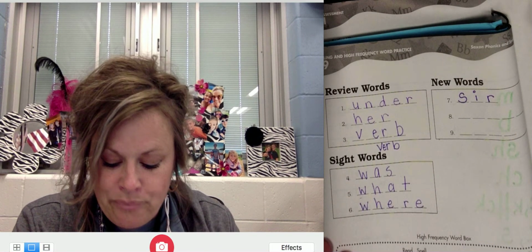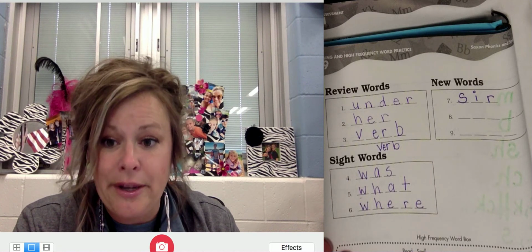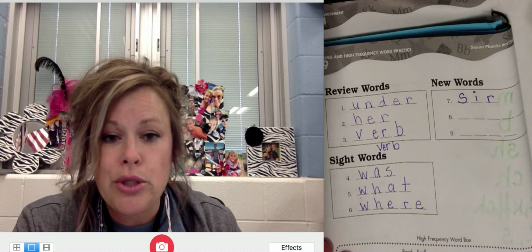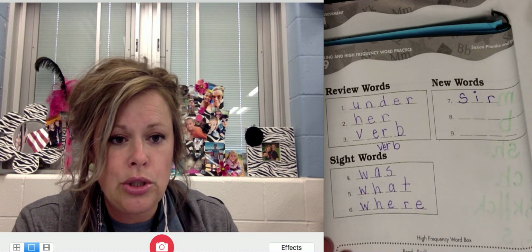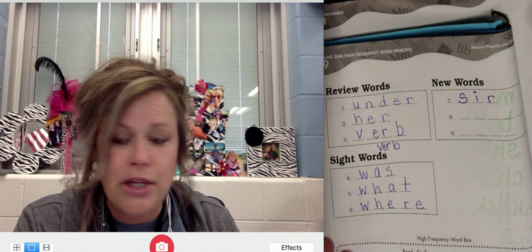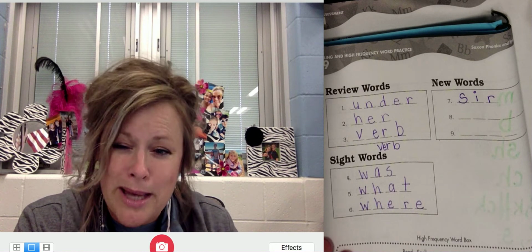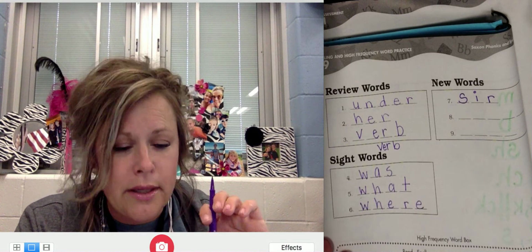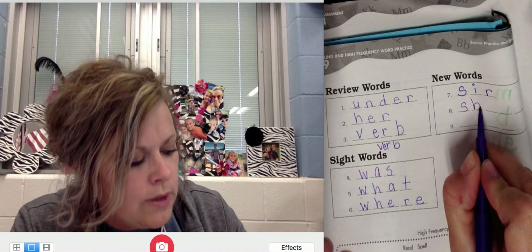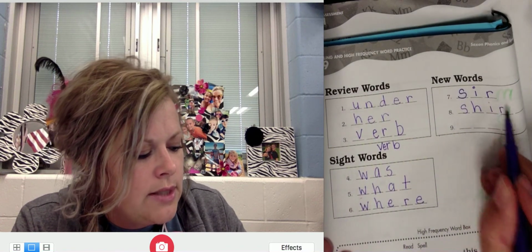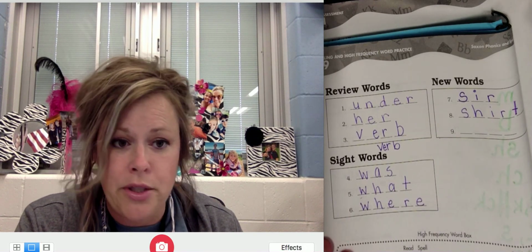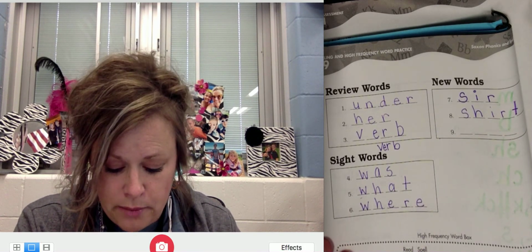Okay. Number 8, here it is in that medial middle position like bird. It's the word shirt. Shirt has sh, digraph, t. Now you don't hear the I, okay? That's what makes combinations kind of hard because the R is so bossy, it changes that vowel sound. So sh, t. If you spell it without the I, it's not going to look right to you because you know you've got to have a vowel in there.